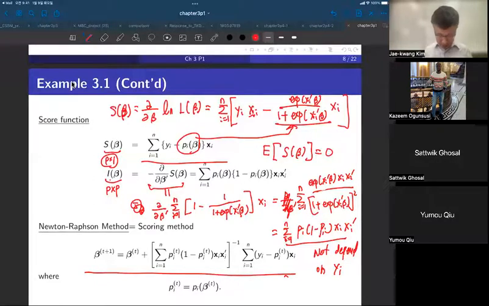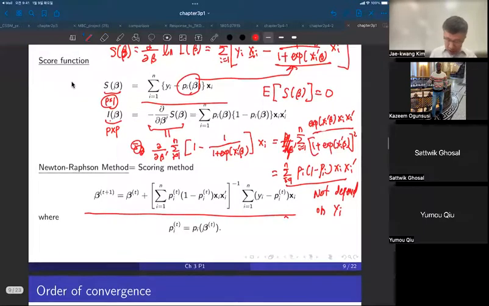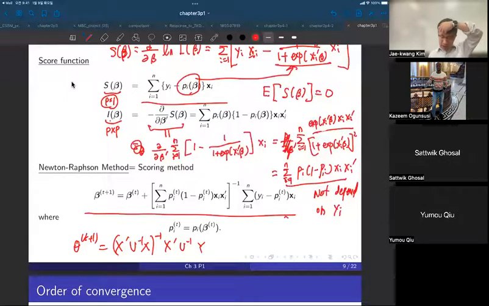Okay. And sometimes another way of writing it is x prime v inverse x, inverse, x prime v inverse y. I think there's a way you can do that, but iterative reweighted least squares, or weighted least squares.